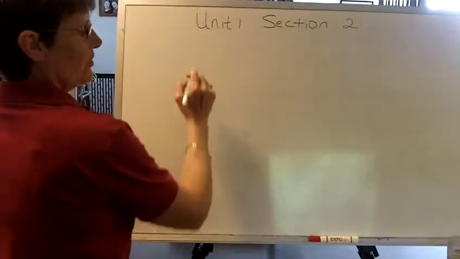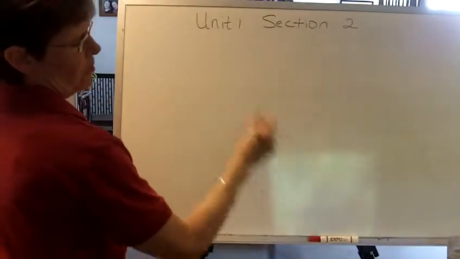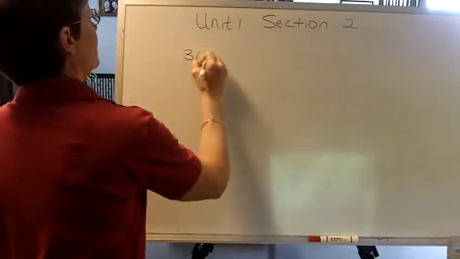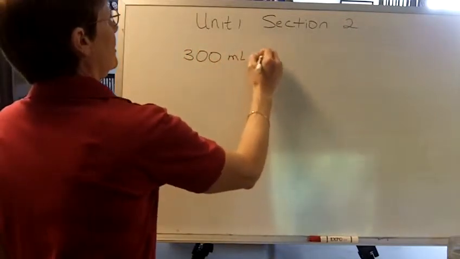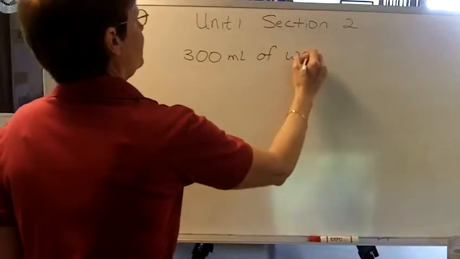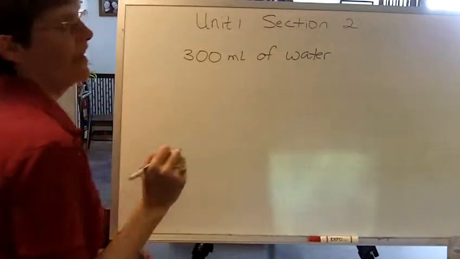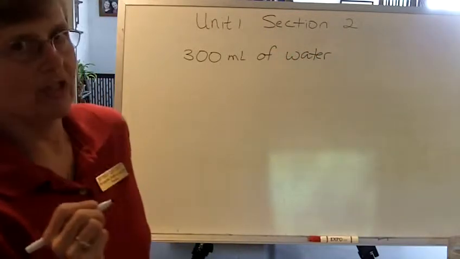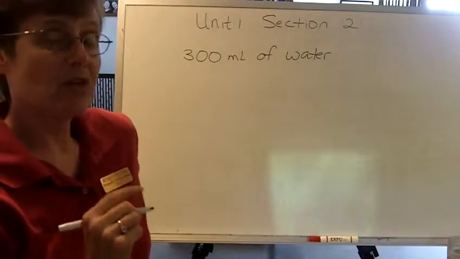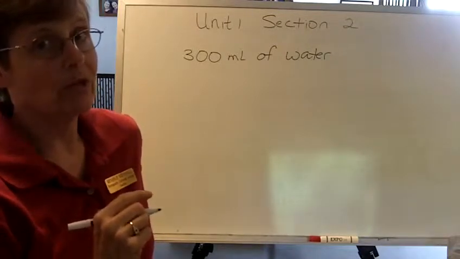Let's say that I have probably 300 milliliters of water. And I happen to know the density of water, so I'm going to cheat a little bit, and I'm going to say, if I measure the mass of this, it would be 300 grams.